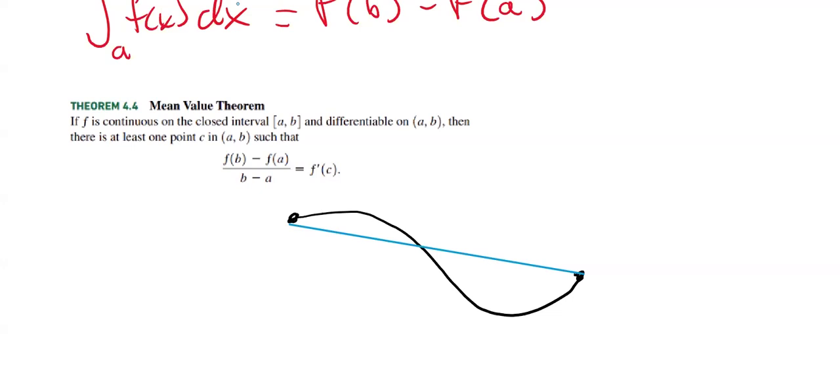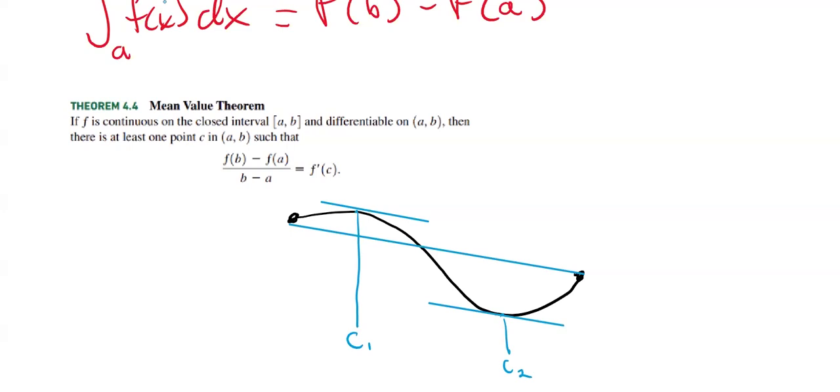So let's say right around here. Let's see if I can do this, right around there. And it looks like right around here. Yeah. So it looks like we have 2 points in this function. Whatever point this is, let's say C1, and this point right here, which I'm calling C2.